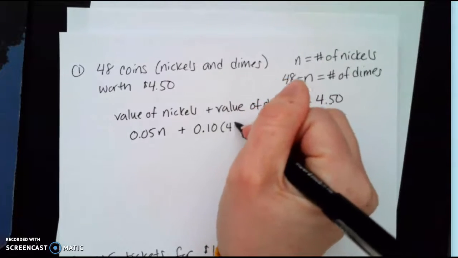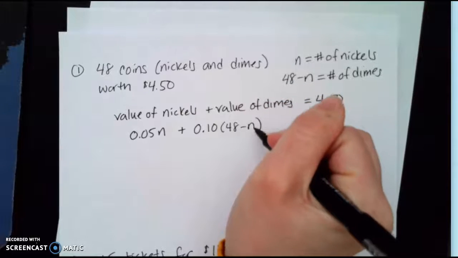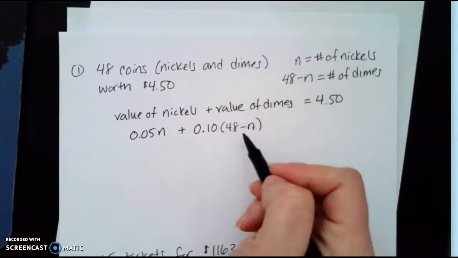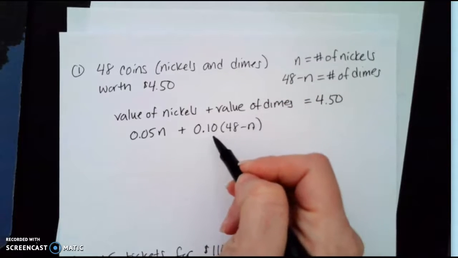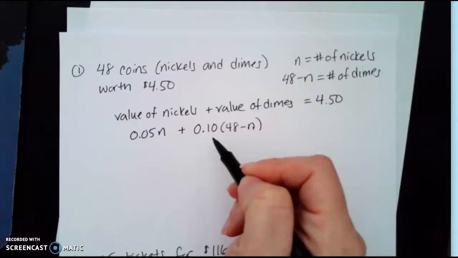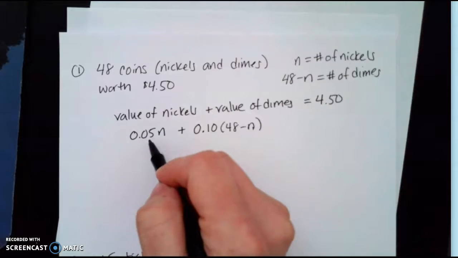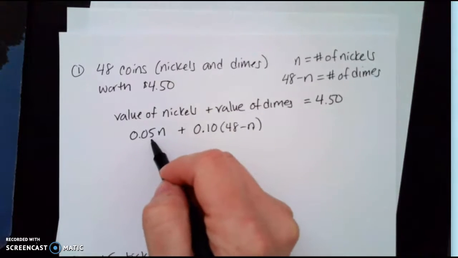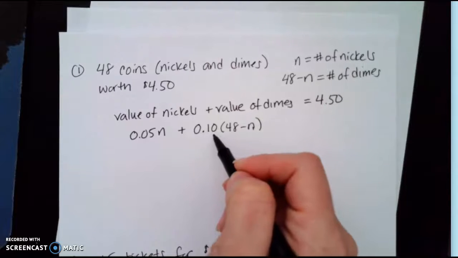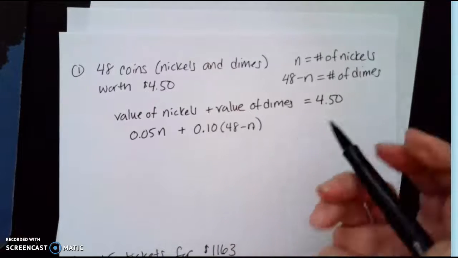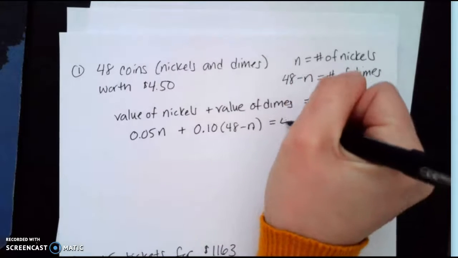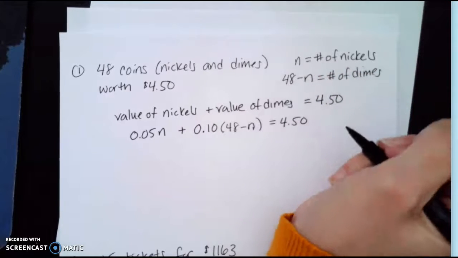And we need to write that 48 minus n in parentheses, because I would need to know how many dimes I have first before I multiply by the value of 1 dime. Notice again I have a decimal point, so for 5 cents it's 0.05, for 10 cents 0.10, or simply 0.1. This combined gives me $4.50.